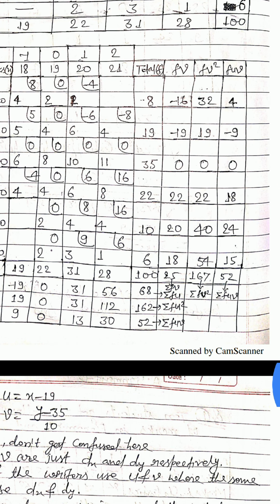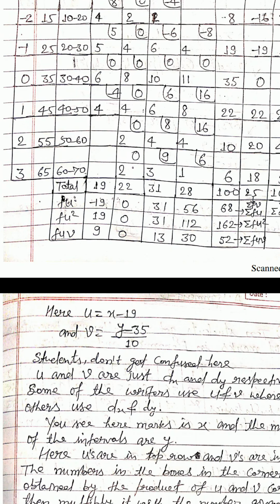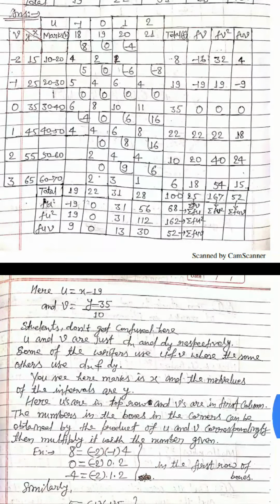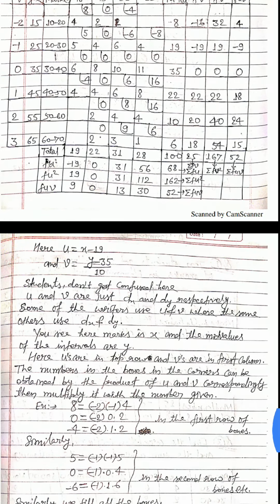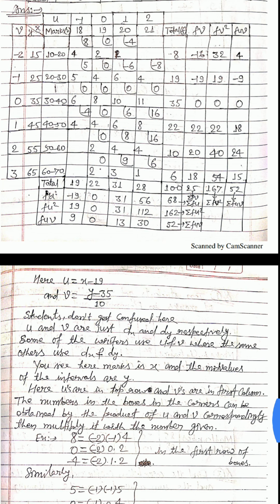So you may find the values of f into u into v in this way. Similarly we can find the values of f u, f u squared, f u v. Finally, the total of f u v added horizontally and vertically are both the same, that's 52.